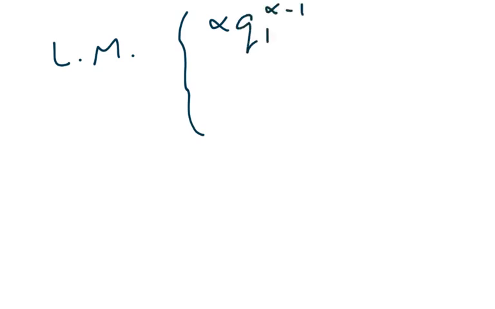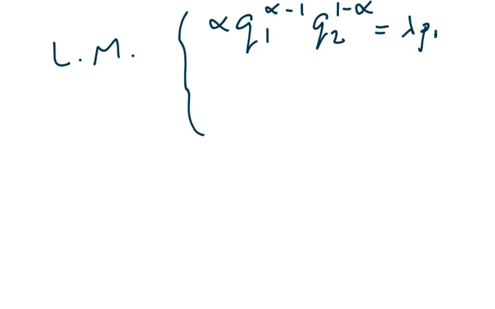All right, so our Lagrange multiplier system, now that we've got a little bit more information under our belts, really looks like alpha q1 to the alpha minus 1, q2 to the 1 minus alpha should be equal to lambda p1.